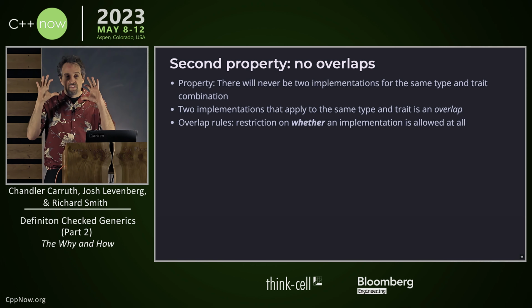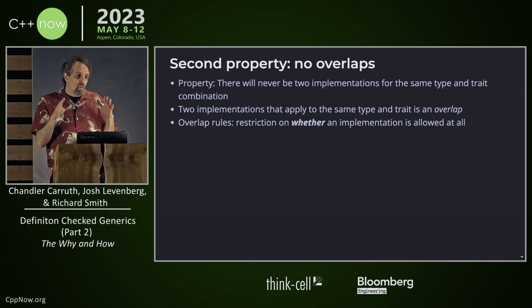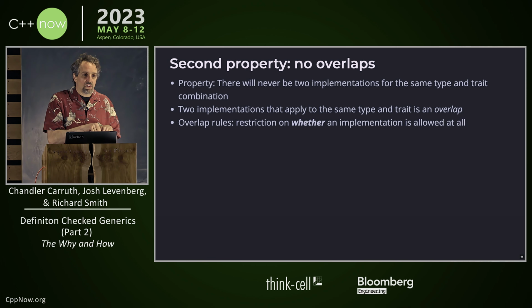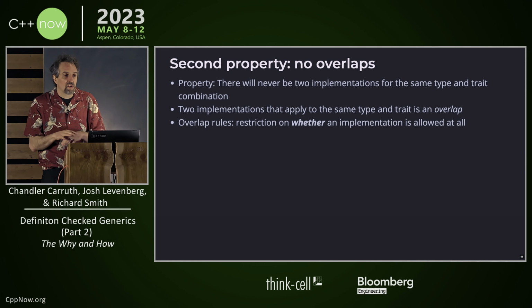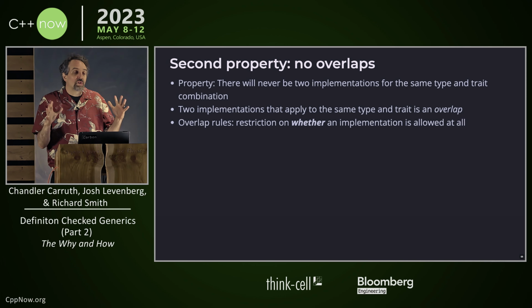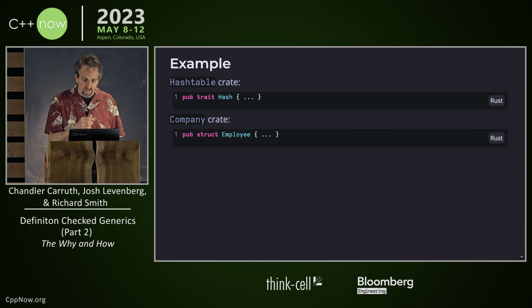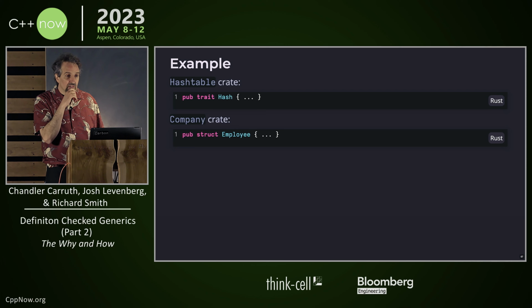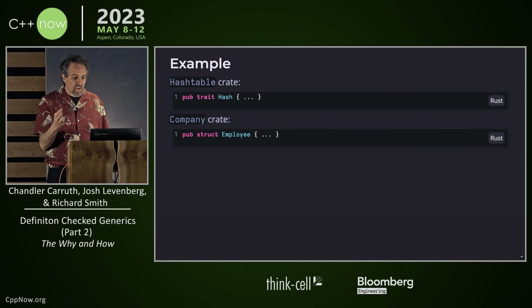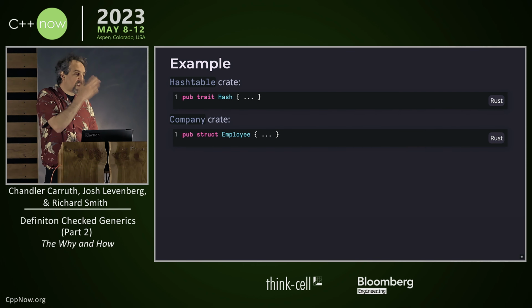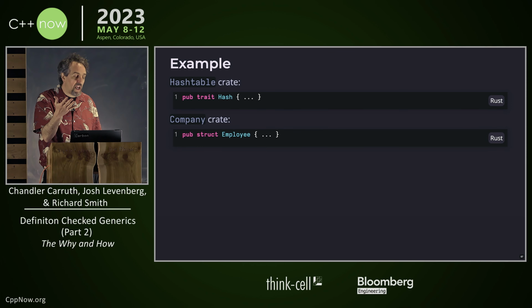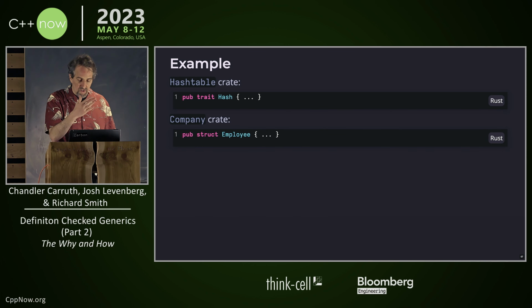So they have rules that say, we allow you to only have this implementation, not that other implementation, in order to avoid the possibility of conflicts with independent libraries. I'm going to illustrate with an example. Imagine we have two crates, one defining a trait, the hash table crate, and another defining a type, the company crate.